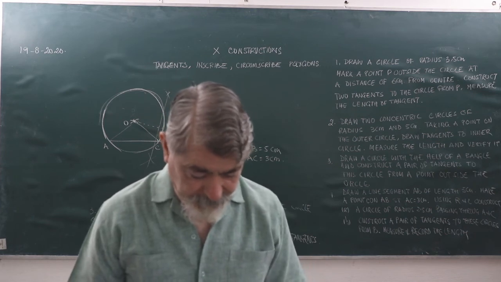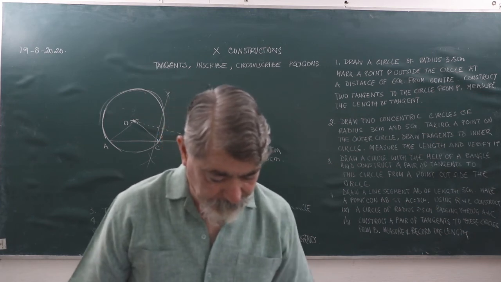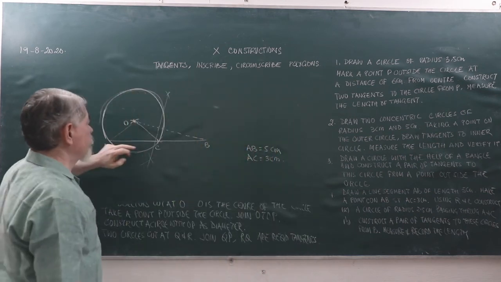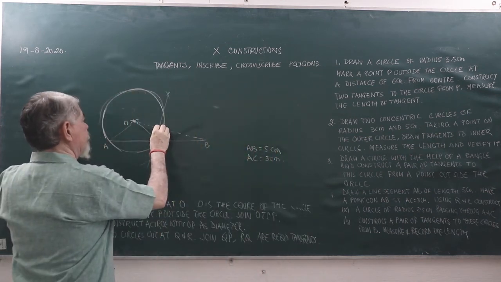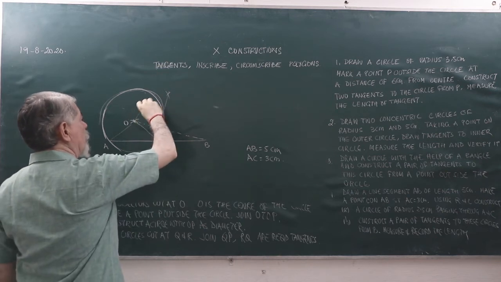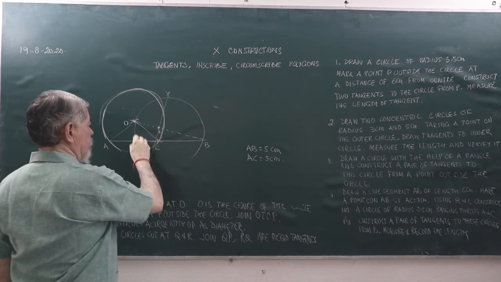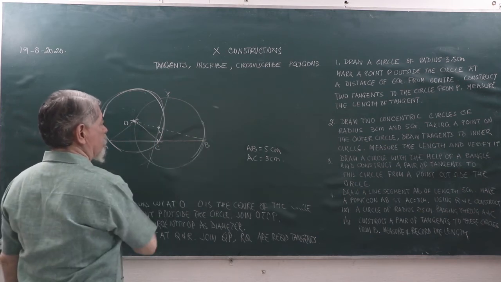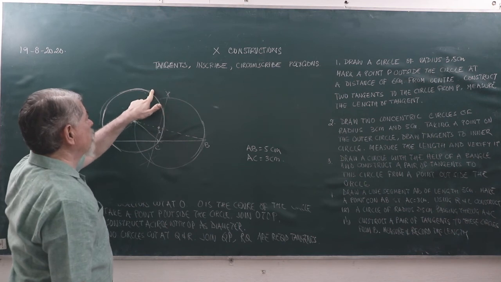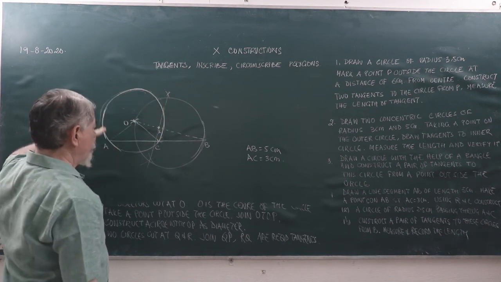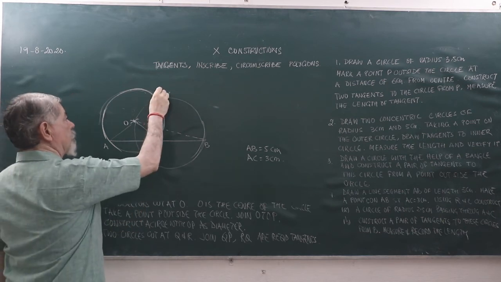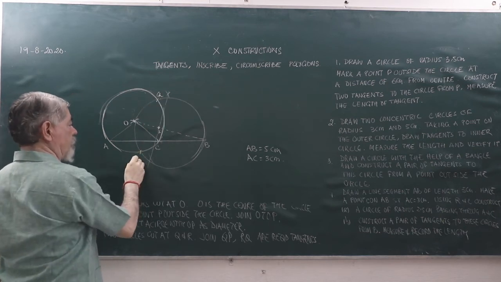In my figure it is coming inside the bigger circle. Suppose they cut each other at K. Take K as center, open your compass till O and draw a circle. This circle cuts the circle of radius 2.5 cm at Q and R.